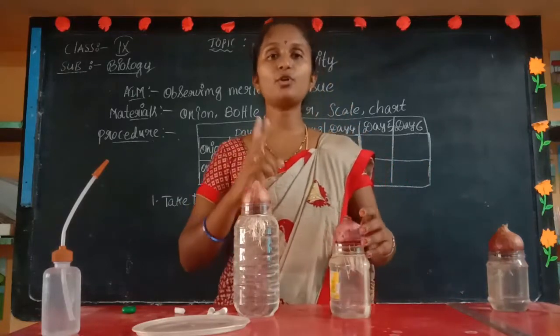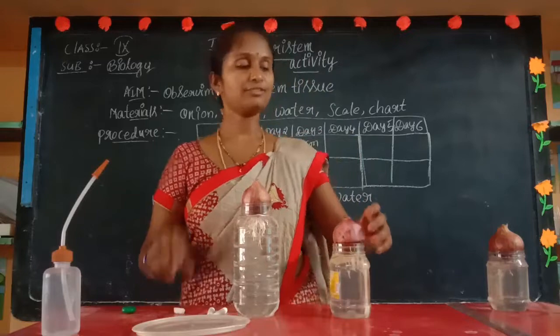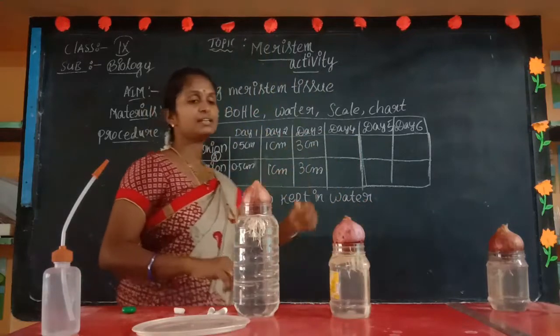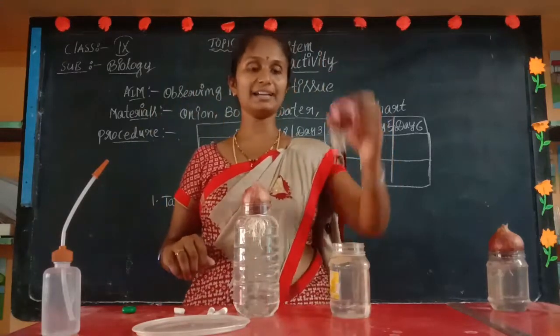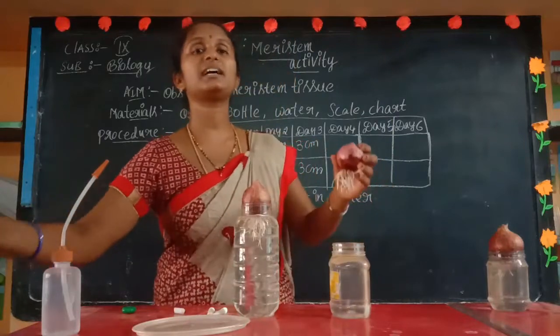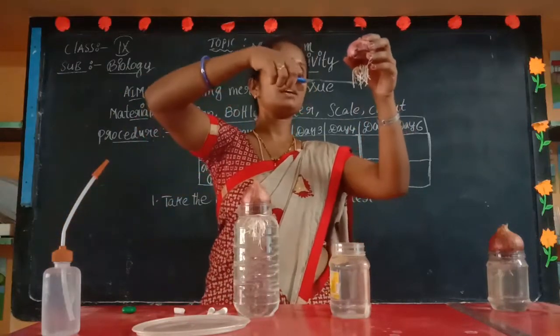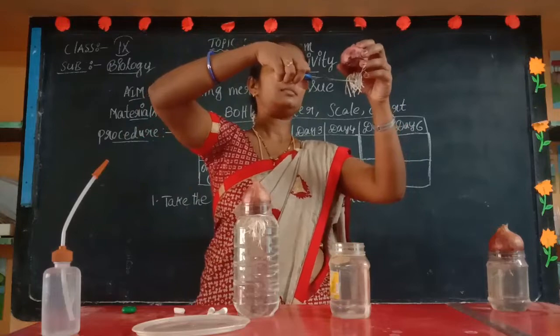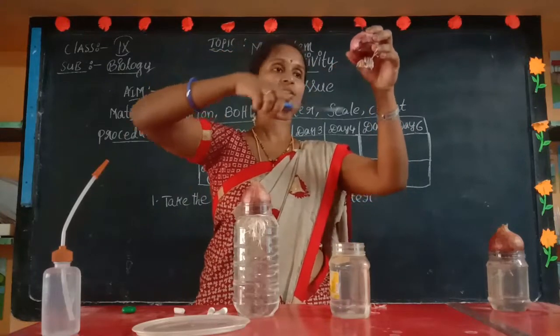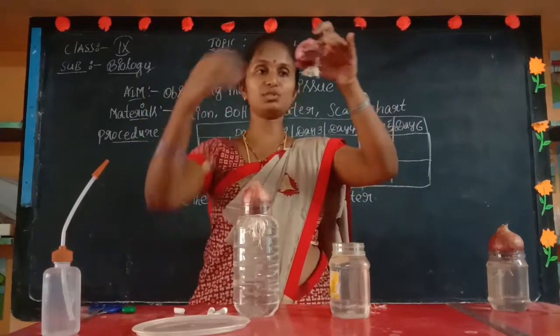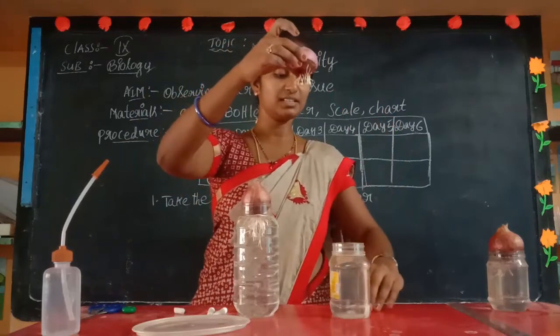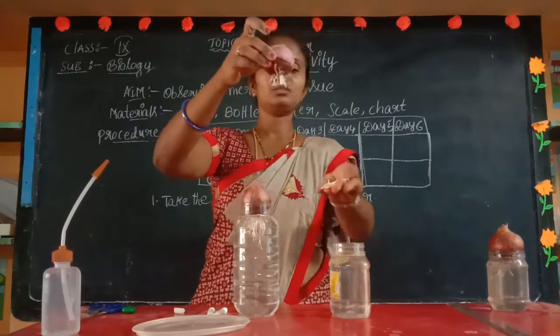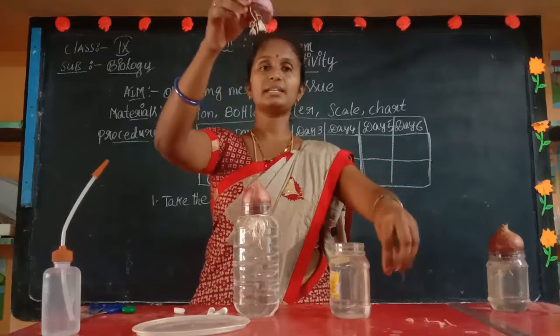After checking day 3, I took onion B and cut it. Like this, I cut it. Now you see the length has decreased, and I cut the meristems.